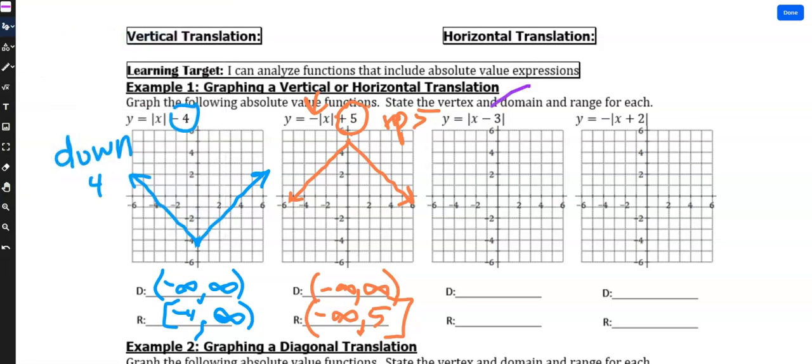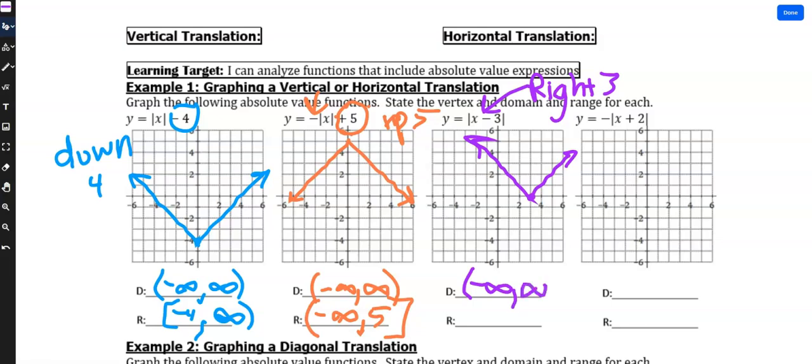Okay, the next one's on the inside, right? We know that changes on the inside are backwards of our common sense. So this would be right 3. And so we would expect it to look something like that.